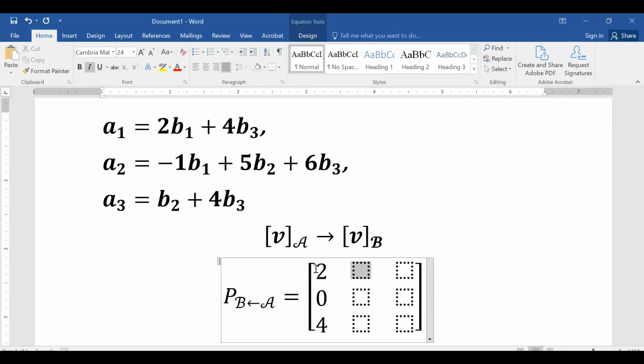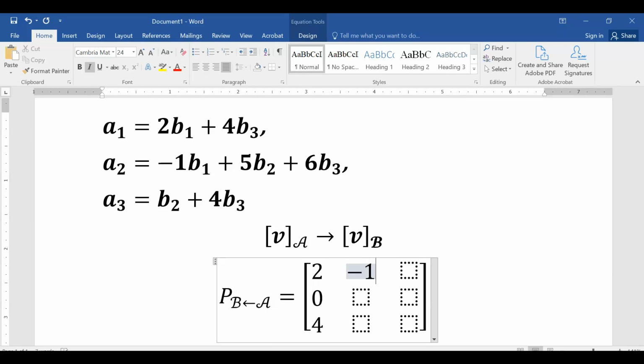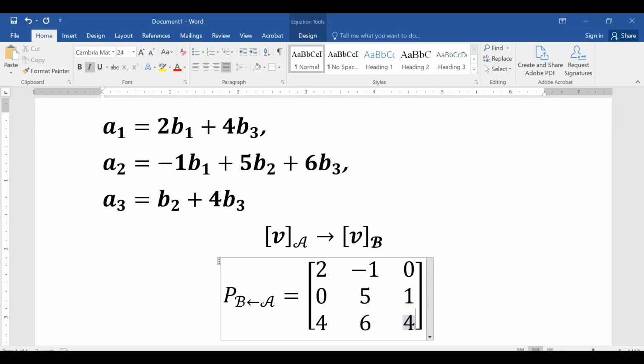The coordinate vector for A2 in column 2, that's negative 1, 5, 6. And the coordinate vector for A3, which is 0, 1, 4, we write in for column 3.